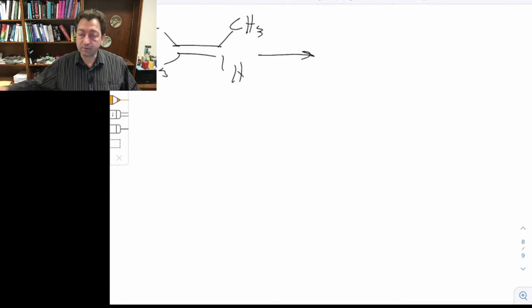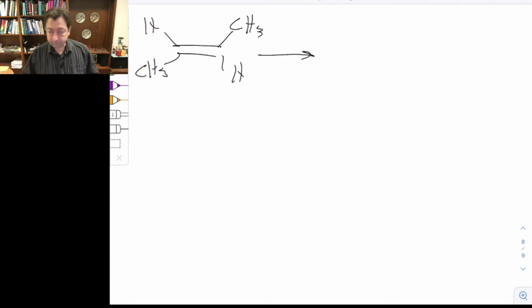So the E alkene, where the substituents are on either side of that double bond. And what happens if we form the epoxide here?